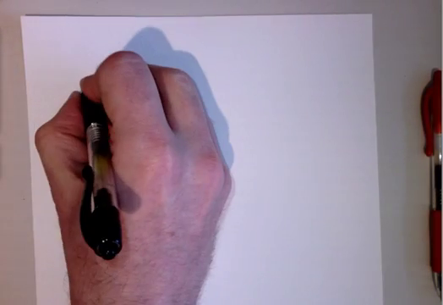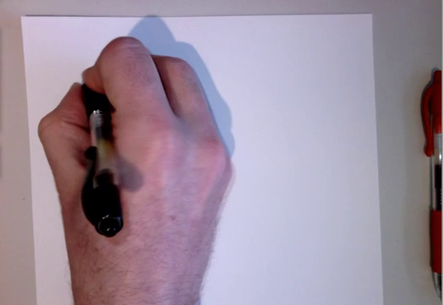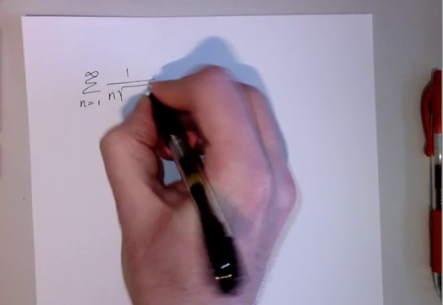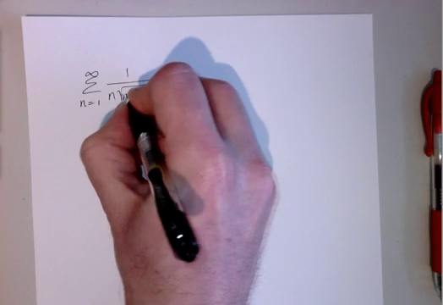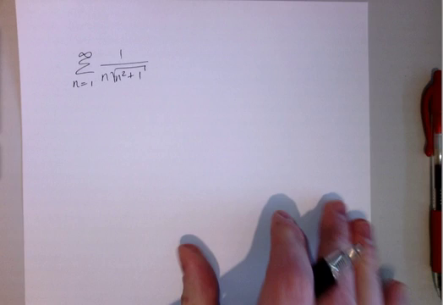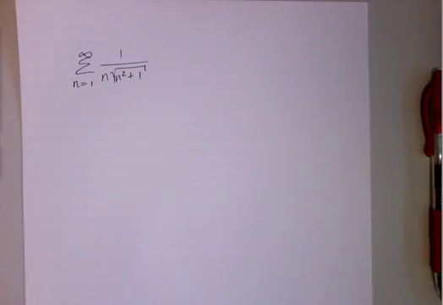Okay, how about the sum from n equals 1 to infinity of 1 over n times the square root of n squared plus 1. Well, the instinct comes from just trying to ignore the plus 1s and stuff like that.